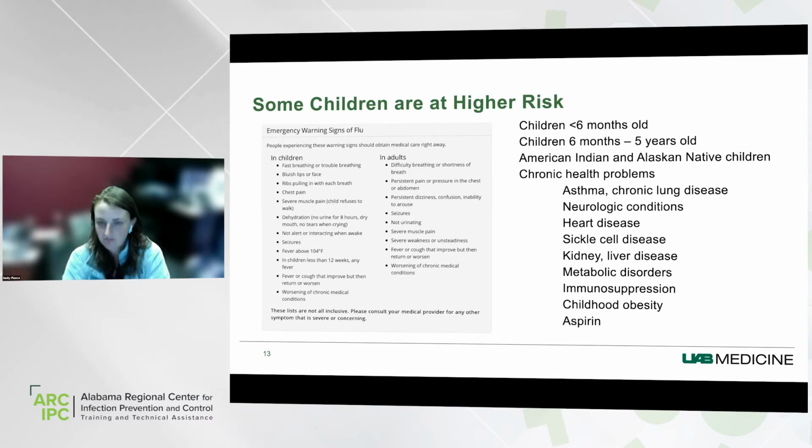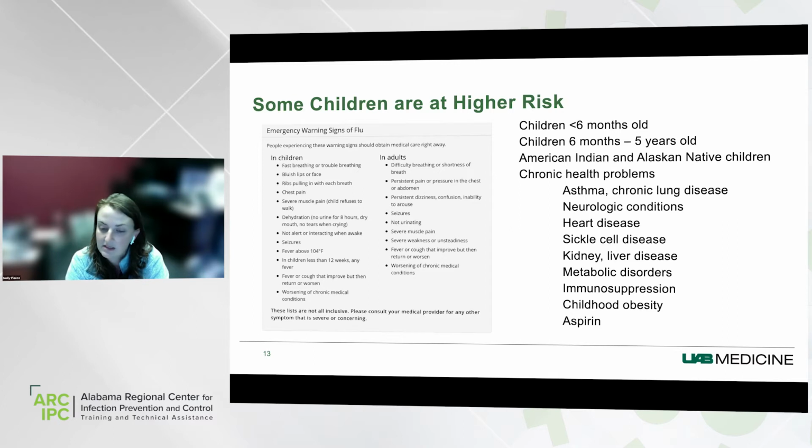Children with neurologic complications may not be able to communicate as clearly when they are not feeling well, or be able to communicate their symptoms like the severe muscle pain. Heart disease, just thinking about fluid shifts, our children with congenital heart disease are at higher risk, as are our patients with sickle cell disease, kidney disease, liver disease, metabolic disease, and inherited diseases like mitochondrial disorders.